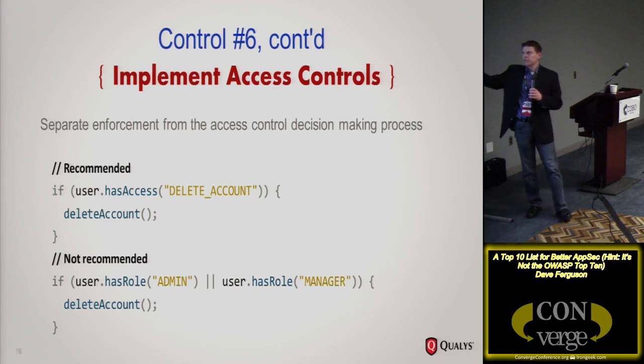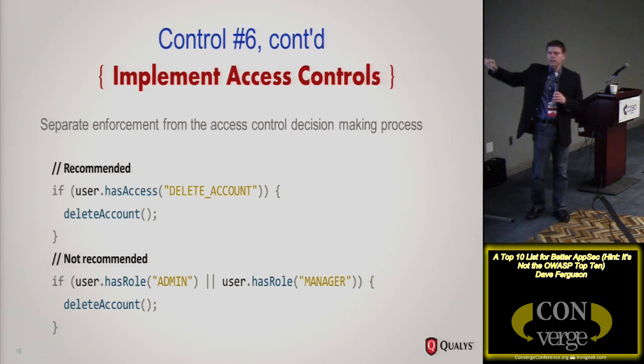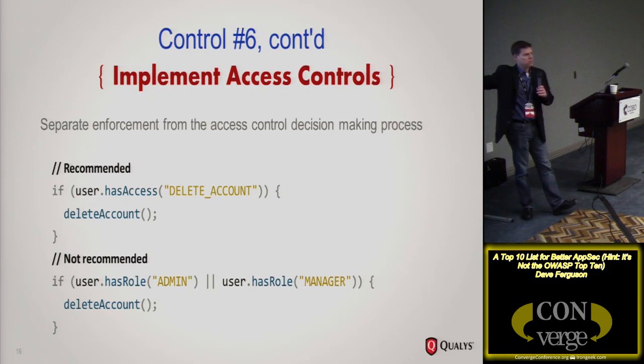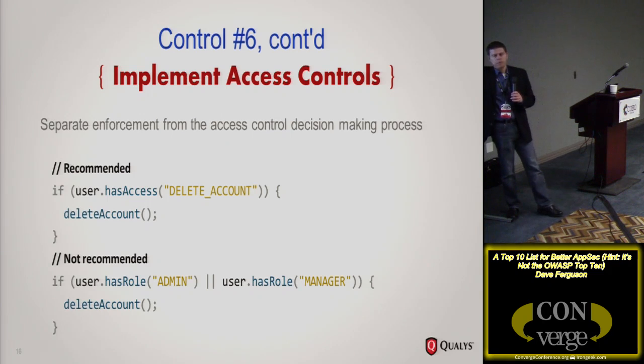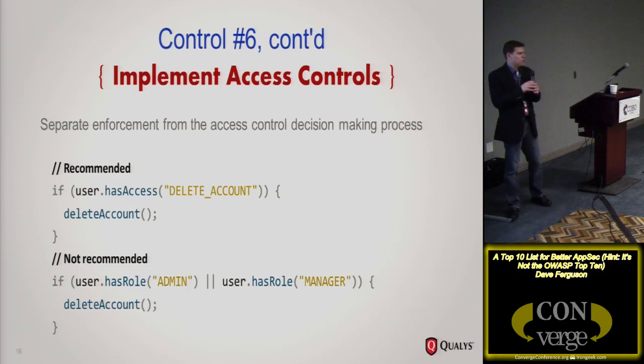In this case, the access control decision-making happens in the hasAccess method, whereas here, it's all happening in one place. The decision of whether or not to allow and the enforcement is happening together here. With this model, it's much more maintainable. Code auditing is much easier with this first model.